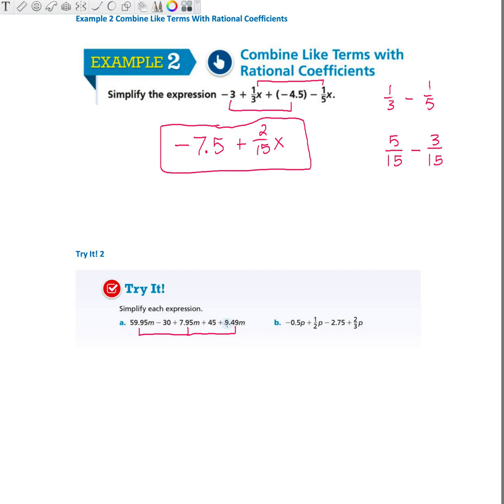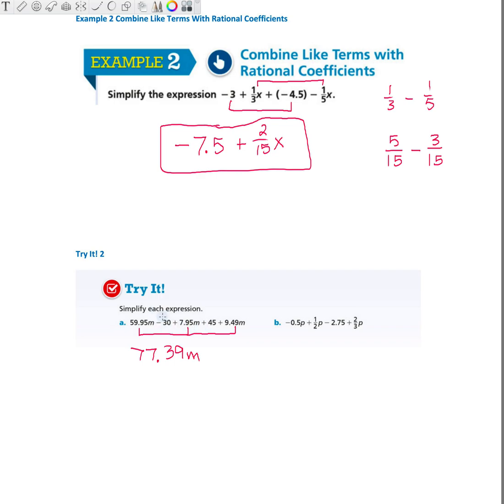So 59.95 plus 7.95 plus 9.49, and I get 77.39. But those were m terms I was combining, so I put an m with it. And so that part's done.